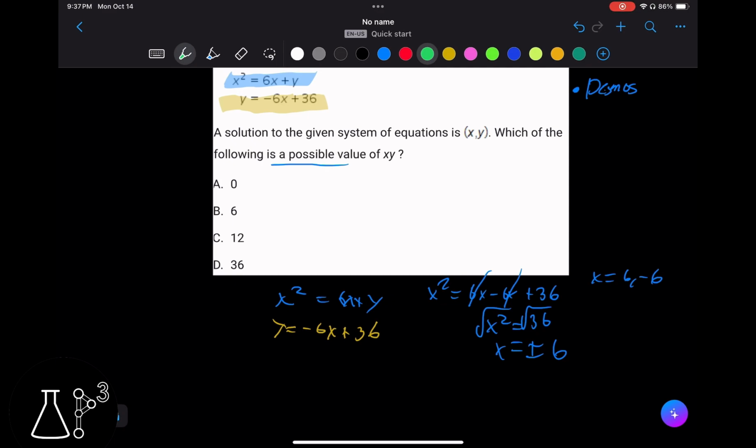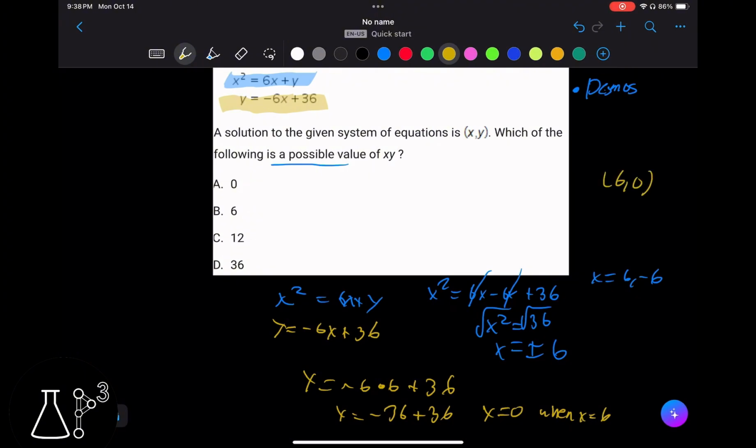So if I plug in 6 into the yellow equation where y equals negative 6x plus 36, I get y equals negative 6 multiplied by positive 6 and then plus 36, which just equals negative 36 plus 36. Therefore, y equals 0 when x equals 6. So one of my ordered pairs is 6, 0.